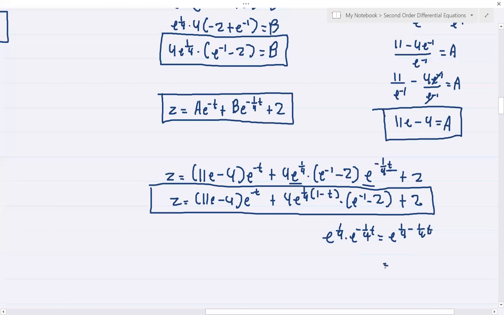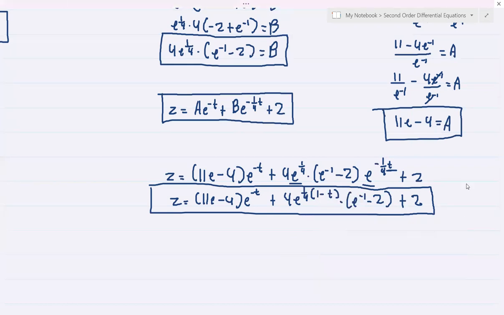So I can factor out 1/4 in that particular expression on the exponent of your e. So we will have e raised to 1/4 times quantity 1 minus t. That's it. So that's how I got it here. So yeah, that is your particular solution.